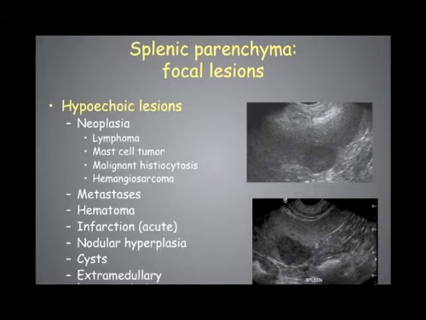Like we see here, for example, very round, hypoechoic, quite homogeneous lesions. They can also represent metastasis of other neoplasia, but they can also be benign. They can be due to hematomas, some acute infarction, nodular hyperplasia, extramedullary hematopoiesis, for example.